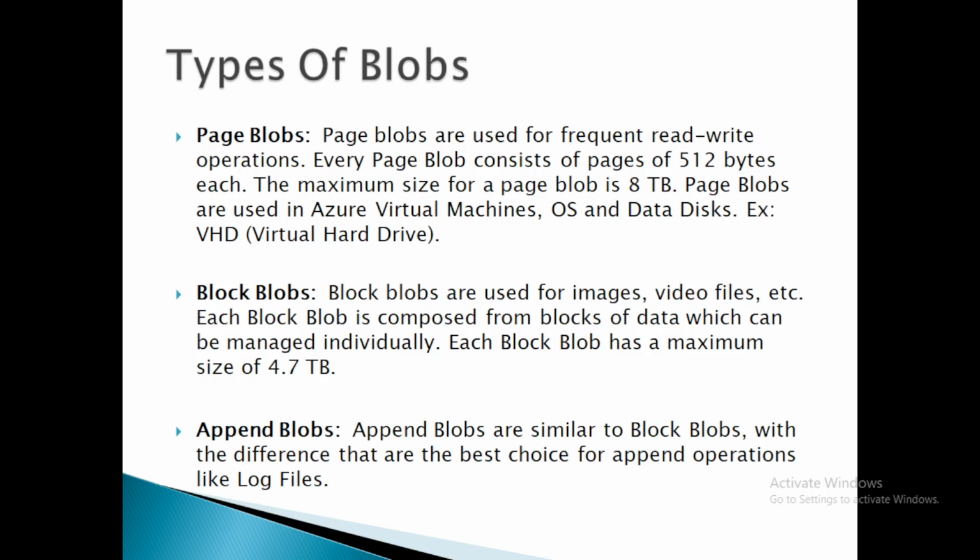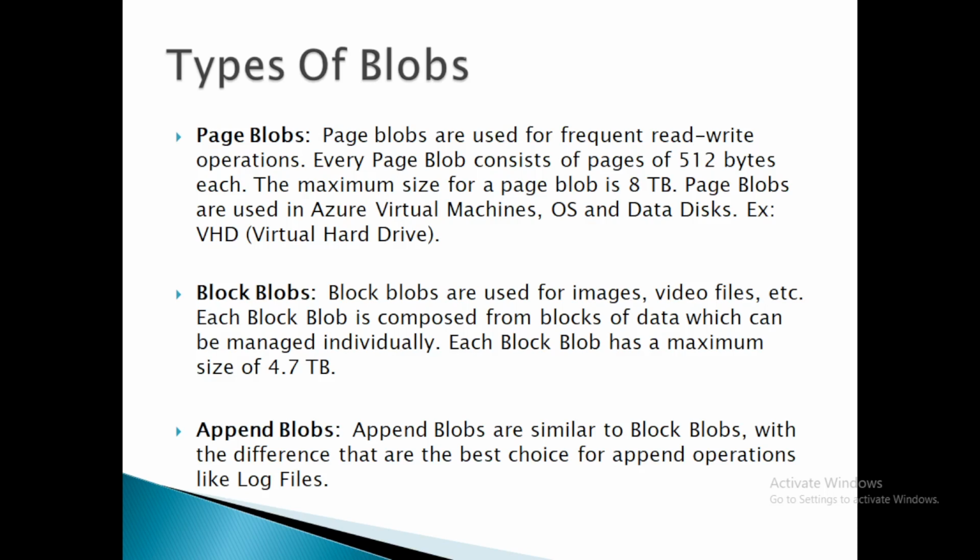Example, virtual hard drive. Basically, page blobs are used for frequent read and write operations. If you have to perform any read and write operation frequently, at that time you will use page blobs. Okay, and its size is up to 8 TB.